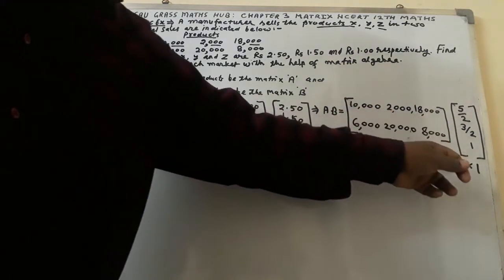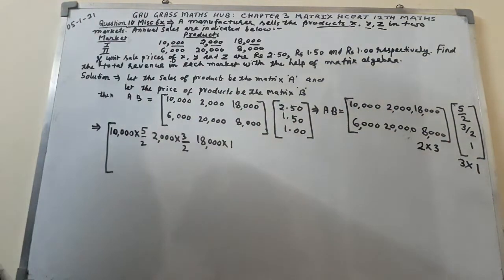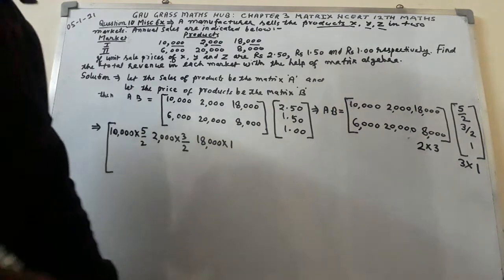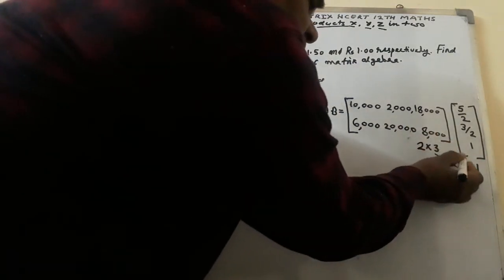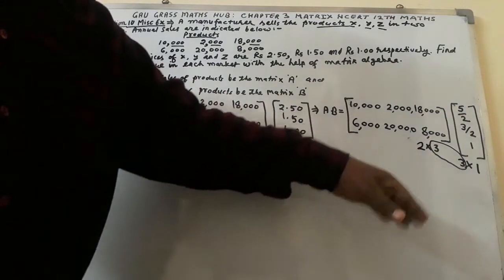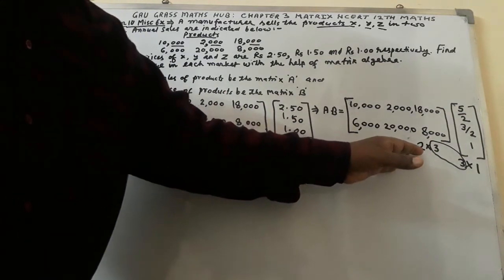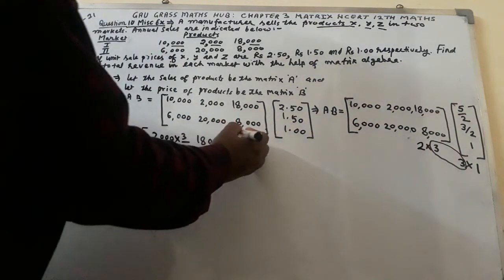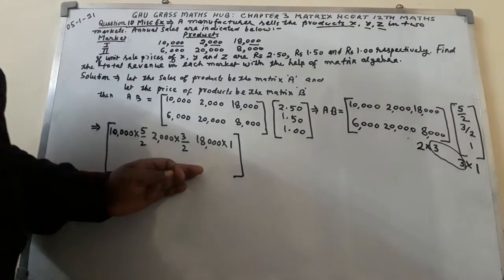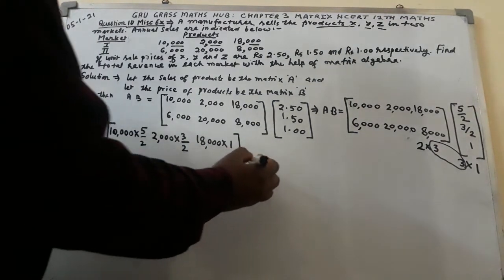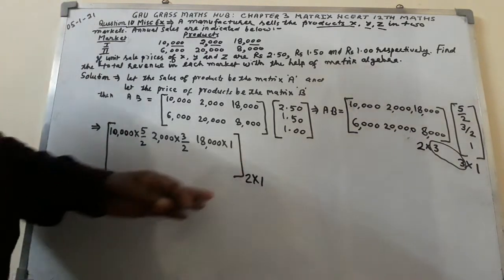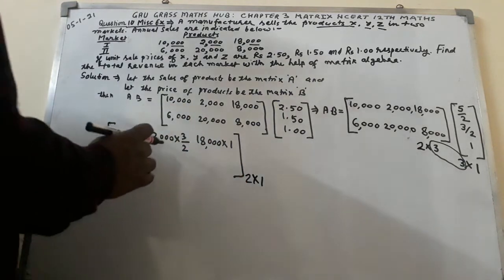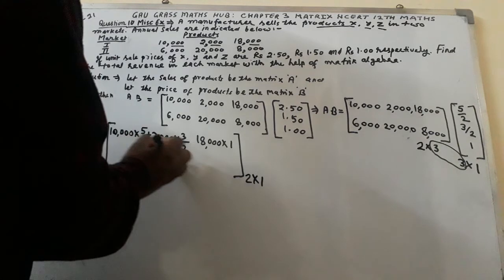Matrix B has order 3 into 1. When A is multiplied by B, the three are clubbed together, and the output matrix will have order 2 into 1. That means two rows but only one column.